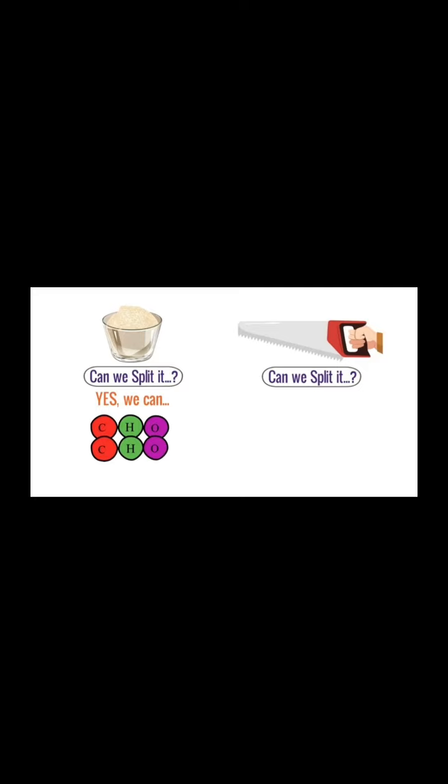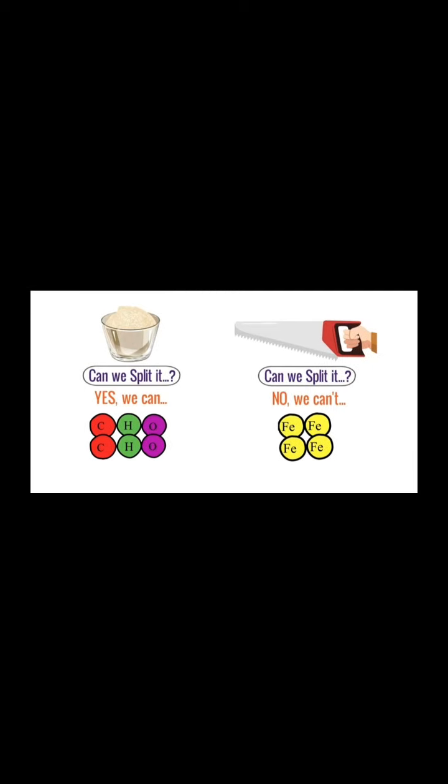On the other side, you have iron sheet. What's the chemical symbol of iron? Yes, it's Fe. Can we split iron into two simple atoms? No, we can't split iron because iron sheet is made up of only one type of atoms, that is iron.